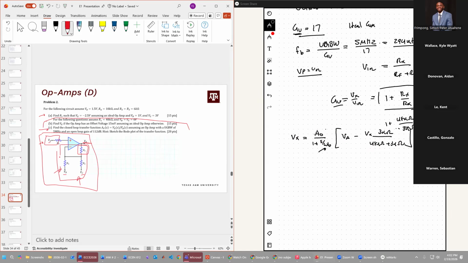So if I factor this across and move everything that's Vx to the other side, then I can solve for Vx over Va, which would be our end solution. First I'm going to factor everything. So we're going to get Vo, Va, 1 plus S over this, minus 3K over 51K.